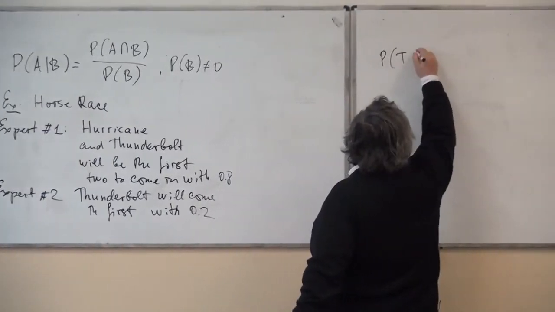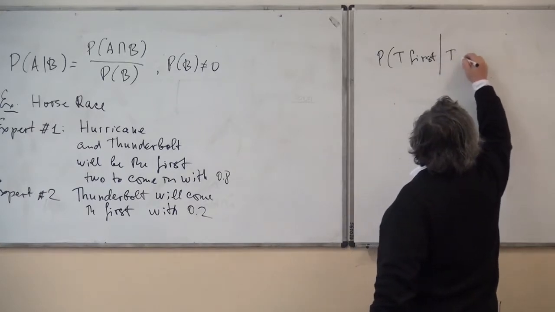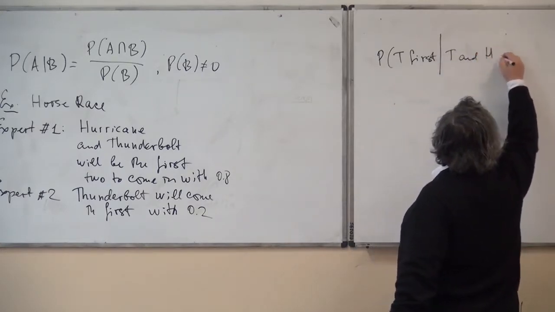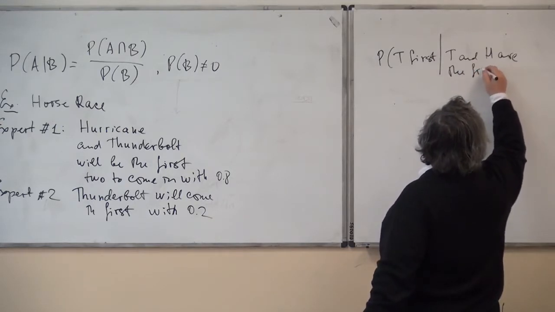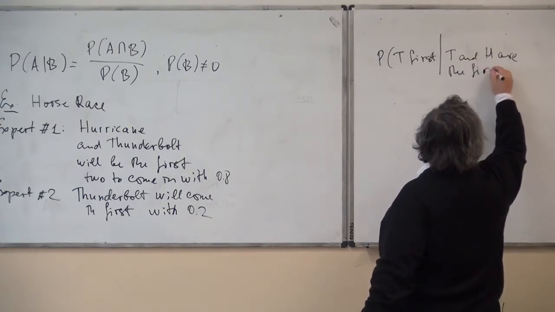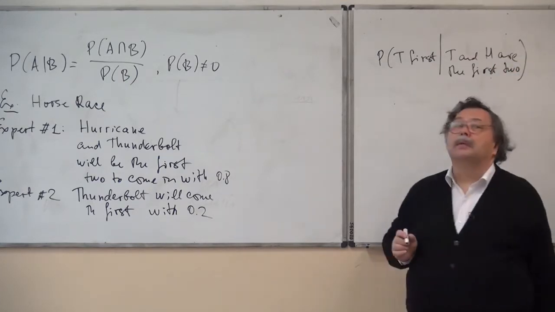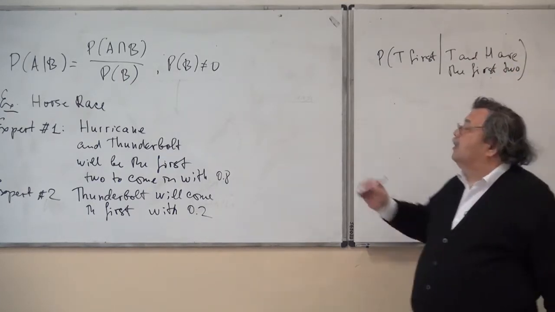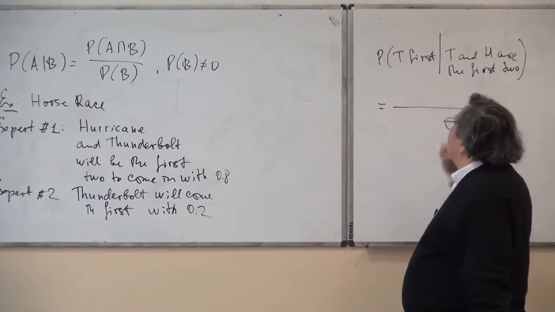Probability Thunderbolt first, given that Thunderbolt and Hurricane are the first two in some order. Okay, and we are going to use that formula. What is the numerator here?